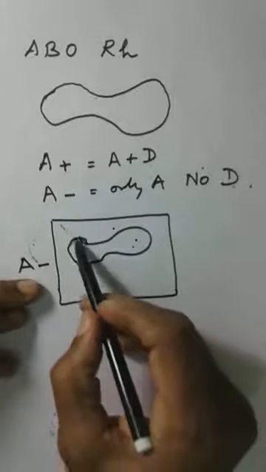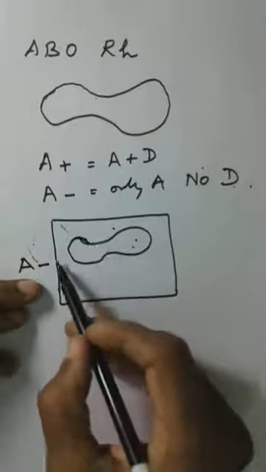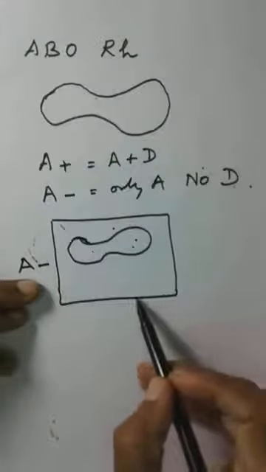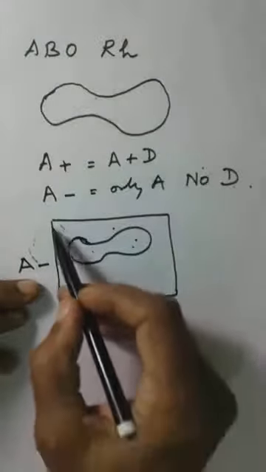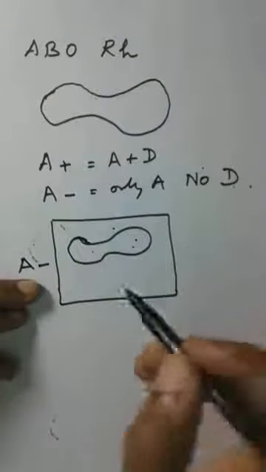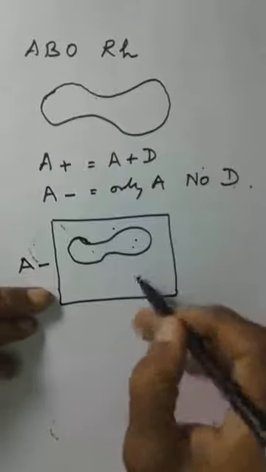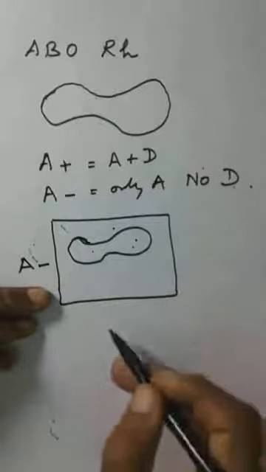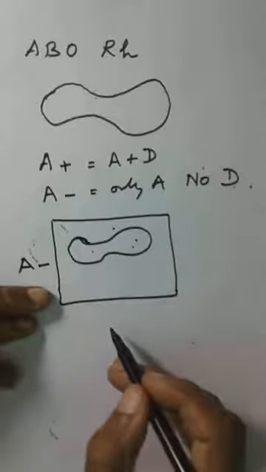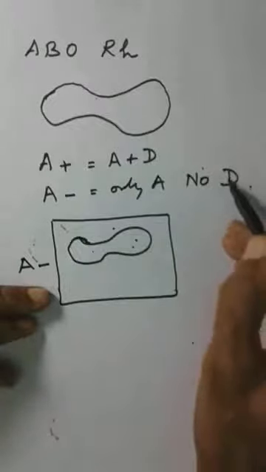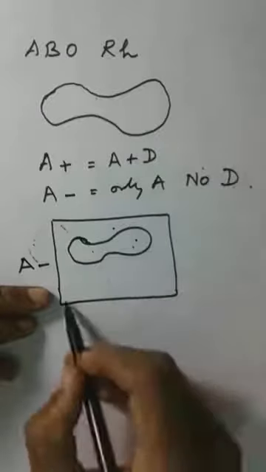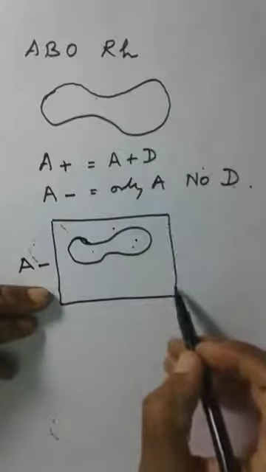This blood will be sensitized and will make an anti-D. So an anti-D will be formed in his blood.